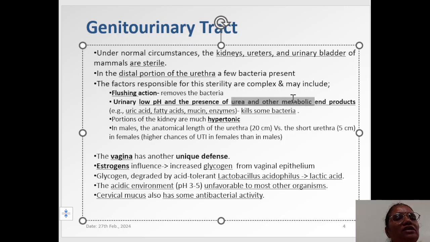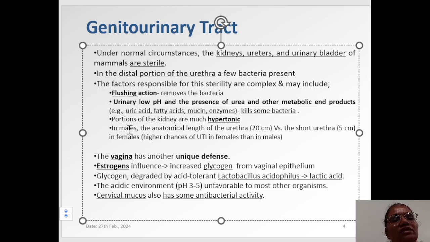Additionally, multiple such metabolic wastes are disposed of in the urine, like urea, uric acid and fatty acids, which also help to prevent microbial entry and sustenance in this area. Mucins and enzymes are also liberated to some extent by the urinary epithelial lining, which helps to kill the pathogens.